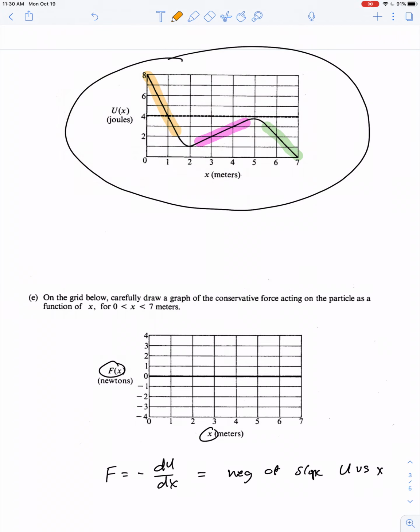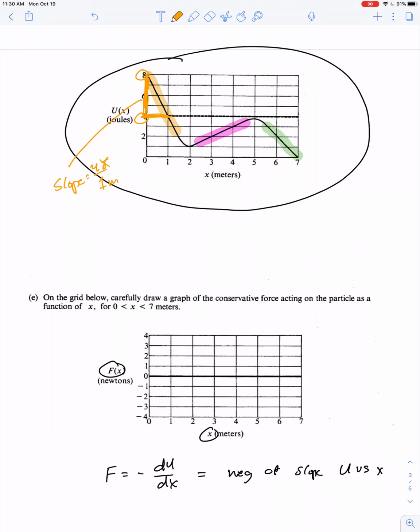So how about we choose a calculation of rise over run based off of this triangle. So this will give us a slope of 4 joules, right, from 4 up to 8. That's a rise of 4 joules, divided by a run of just 1 meter.